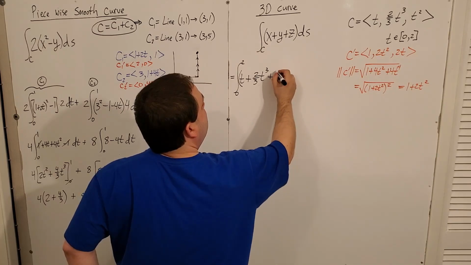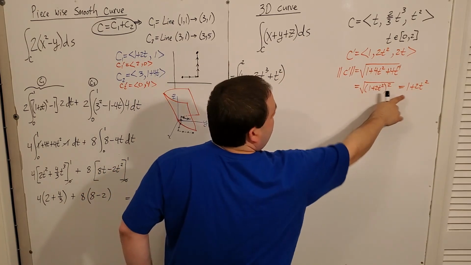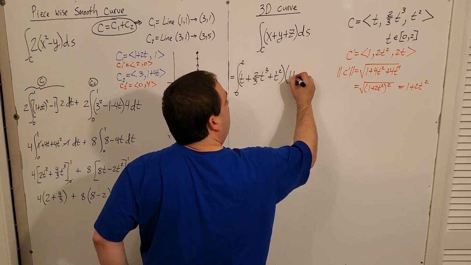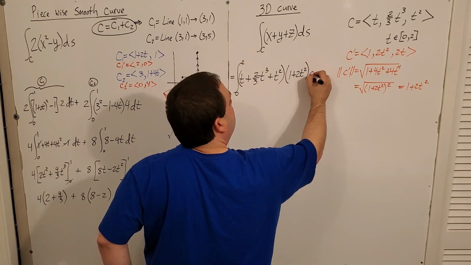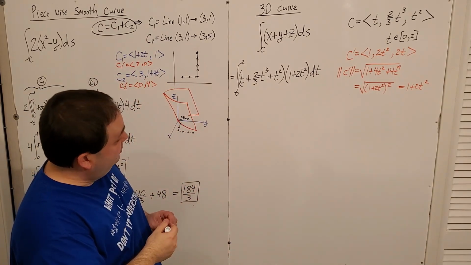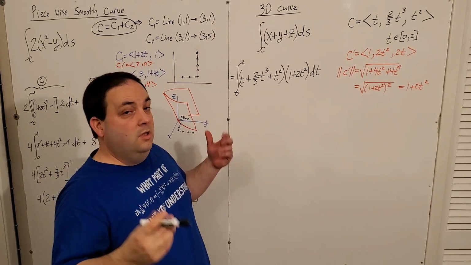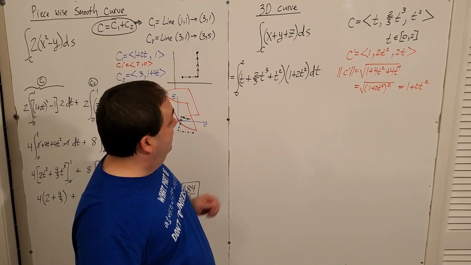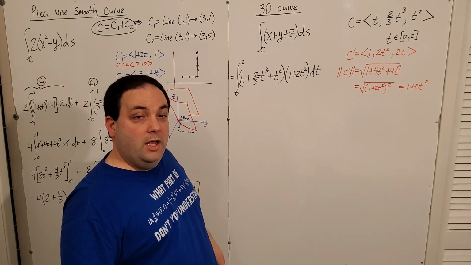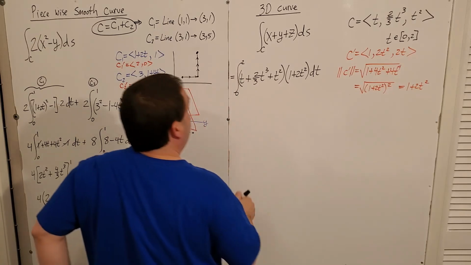And z is t squared. Times ds. Well, we just calculated that to be 1 plus 2t squared dt. So now it's just a straightforward definite integral with one variable, straight from Calc 1. I just need to multiply it all out and do a bunch of power rules. Right? So let's do that.